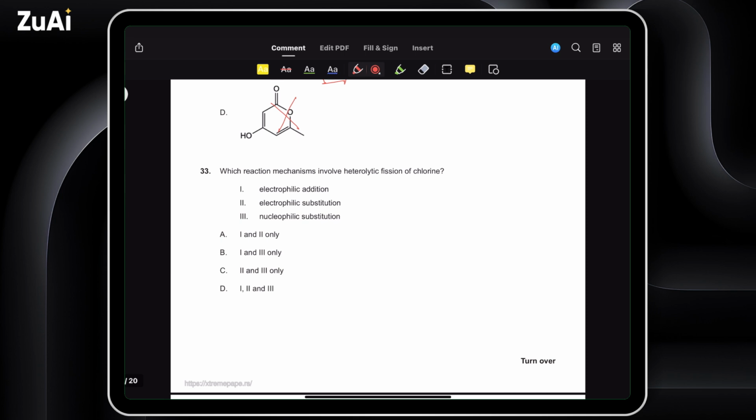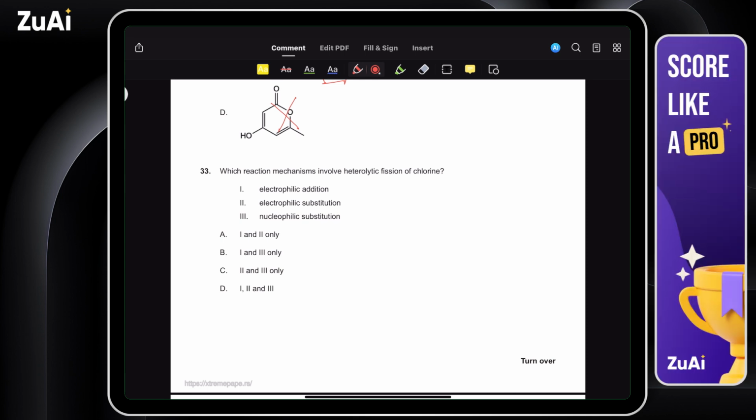Which reaction mechanism involves heterolytic fission? Hetero means ions formed.